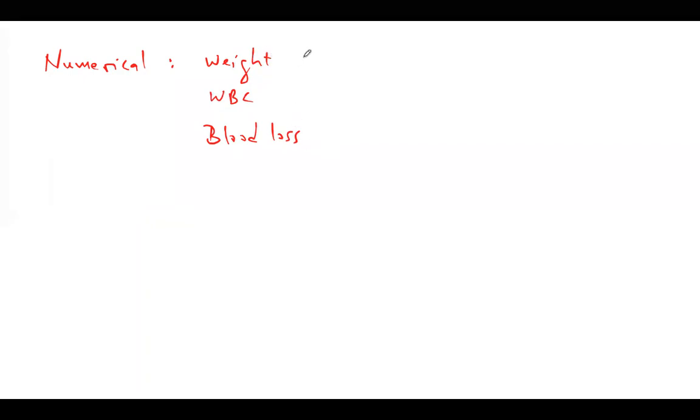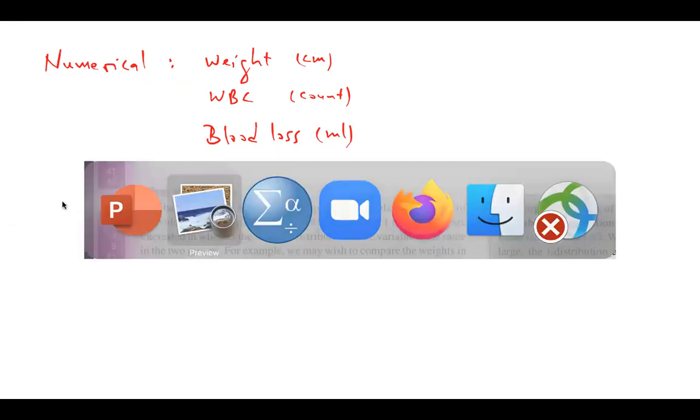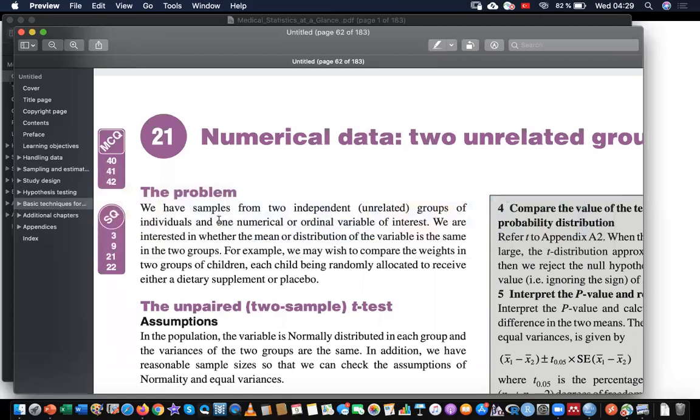Weight will be in centimeters or inches. White blood cell count, this is a count. Or blood loss will be in milliliters. So all these are numerical data. And you want to compare two independent groups, two groups which are not related.